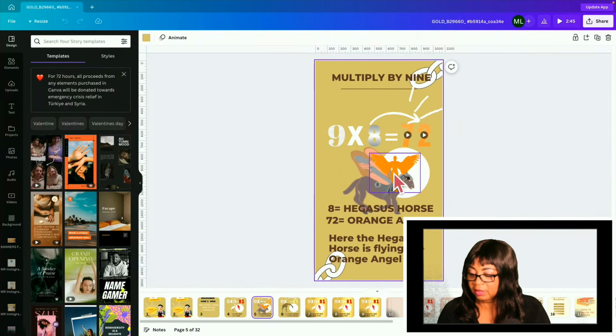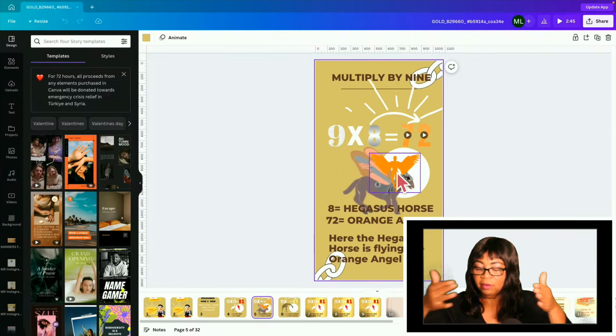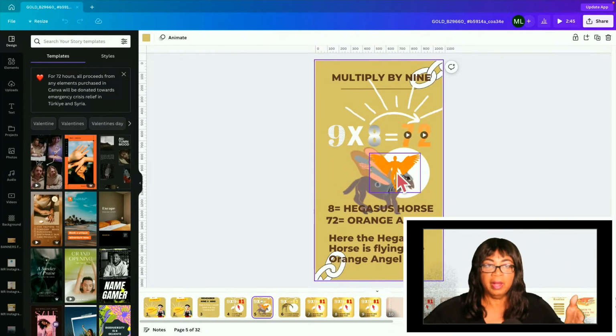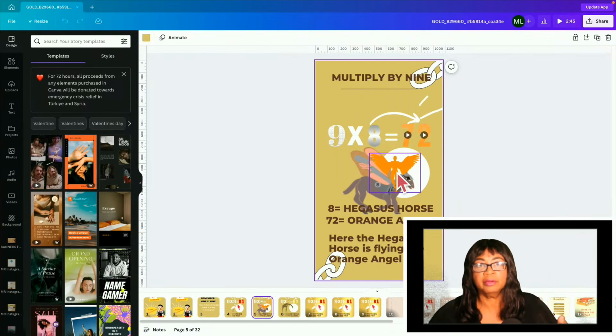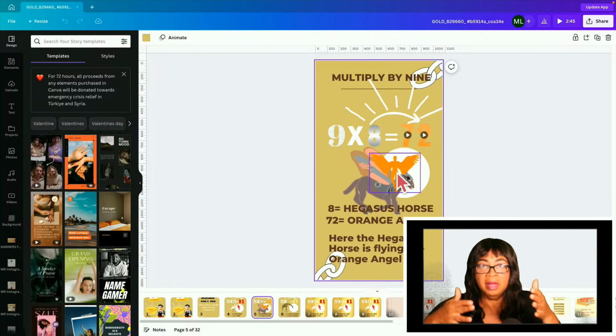And here you have an orange angel, which goes along with the 70 series. Like all 70 to 79 would be represented by angels, right? And they all have different colors, starting with red being 1, 2 orange, 3 yellow, 4 green, just as you would the basic memory colors, the rainbow colors.